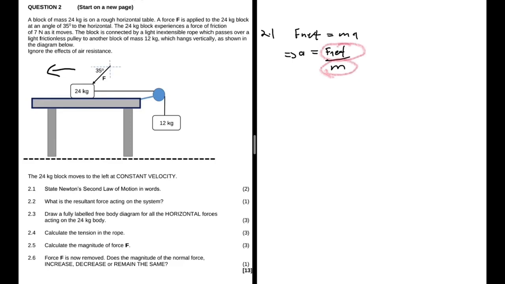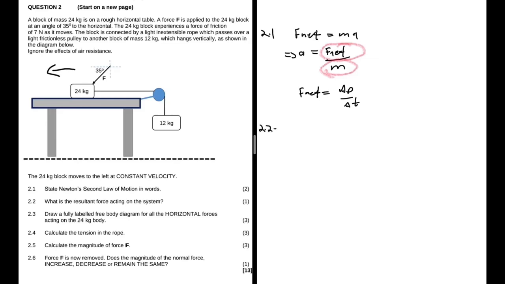And then you can also say that F net is equal to delta P divided by delta T. That is Newton's second law in terms of momentum. It says that the net force acting on an object is equal to the rate of change of momentum of the object. And then now we can move to 2.2.